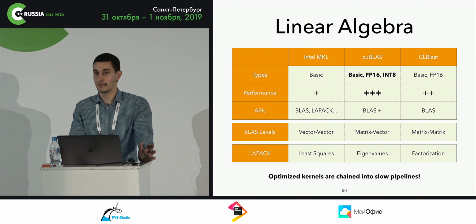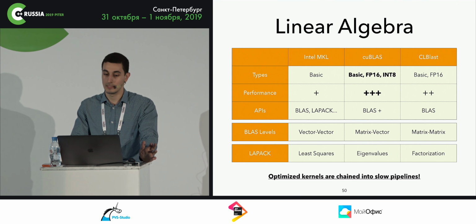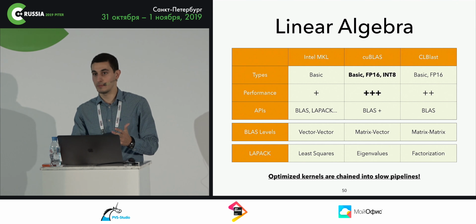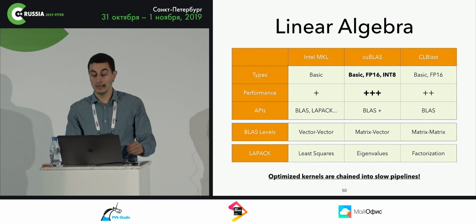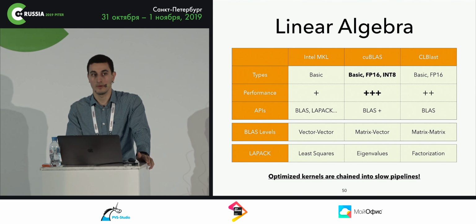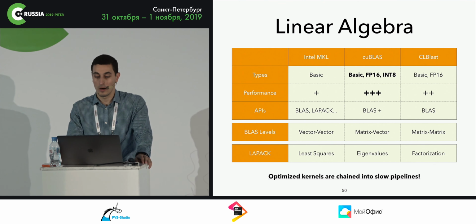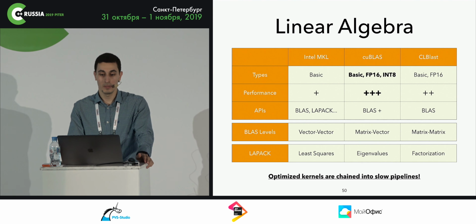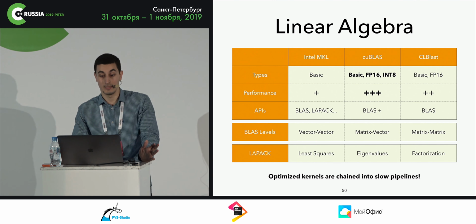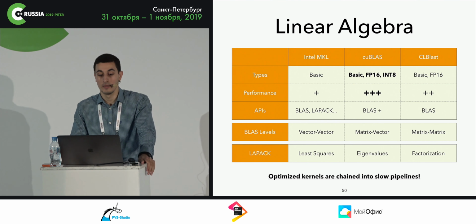The implementations vary in terms of the number of supported types, which is relevant for my specific industry, AI. In AI, a bunch of operations have very low accuracy requirements, so we actually want floating point 16 instead of floating point 32. And cuBLAS, which is the CUDA implementation of the BLAS library, provides this. Many of them do not.